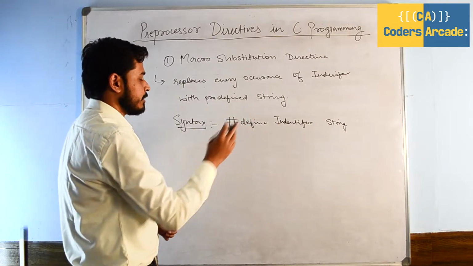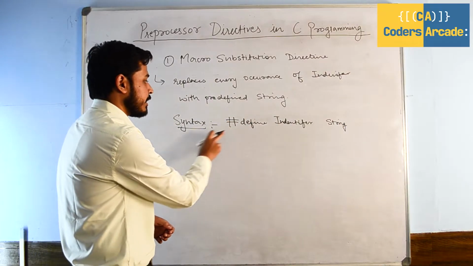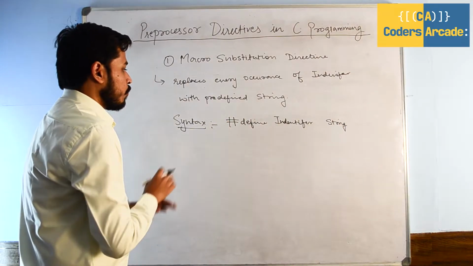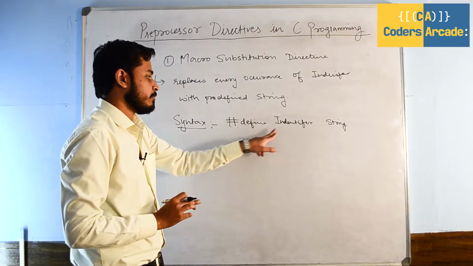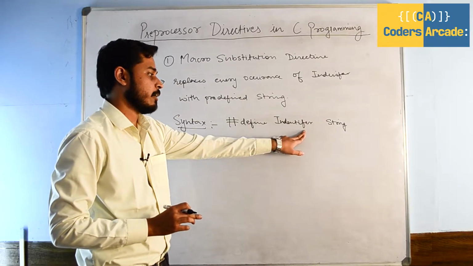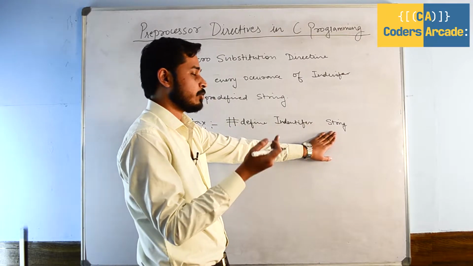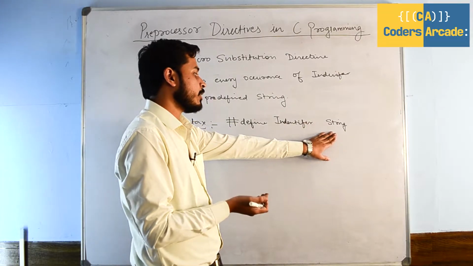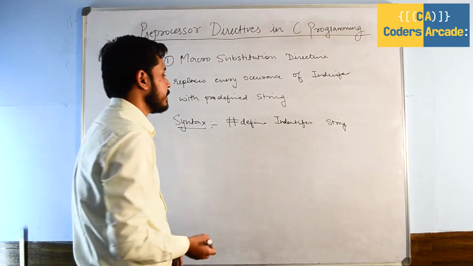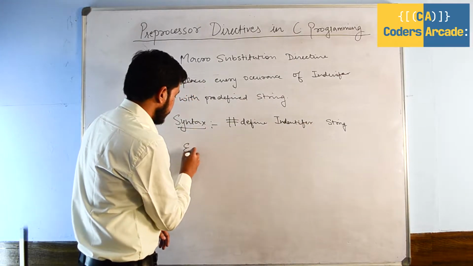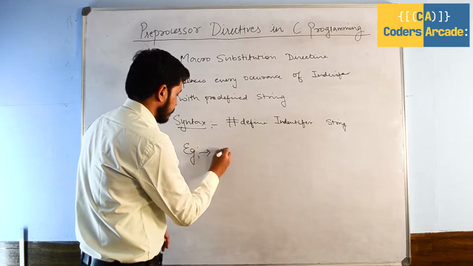So the syntax for this is this. So what is happening here? With hash define, we define some identifier and we use some predefined string that is going to replace this particular identifier. Let us see an example first.